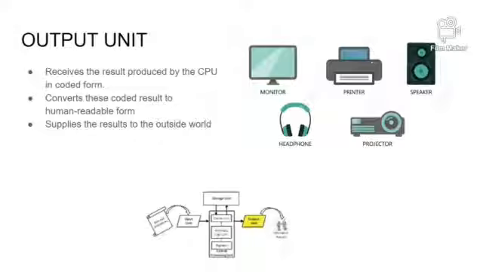Monitor and printer are commonly used output devices. The functions performed by the output unit are: first, it receives the results produced by the CPU in coded form. Second, it converts these coded results to human readable form and supplies the results to the outside world.